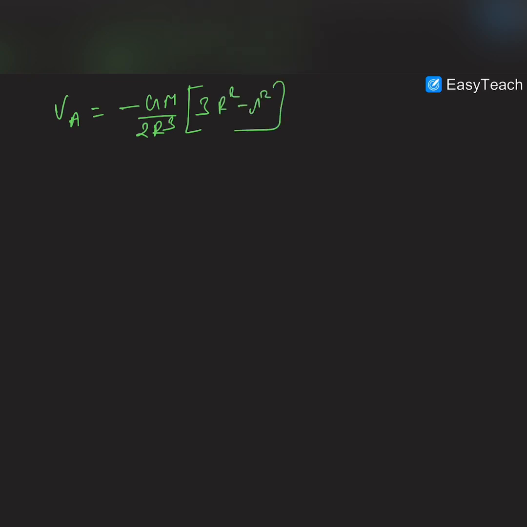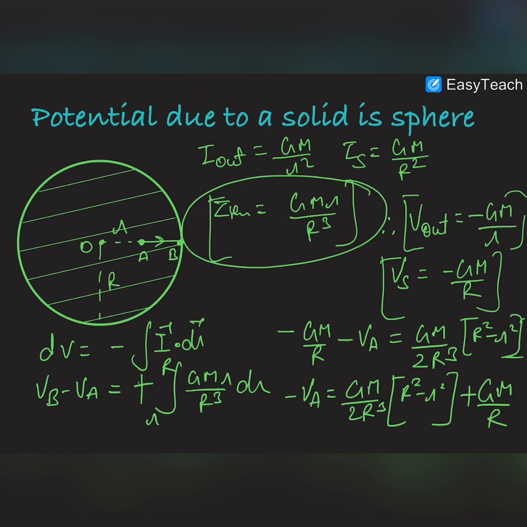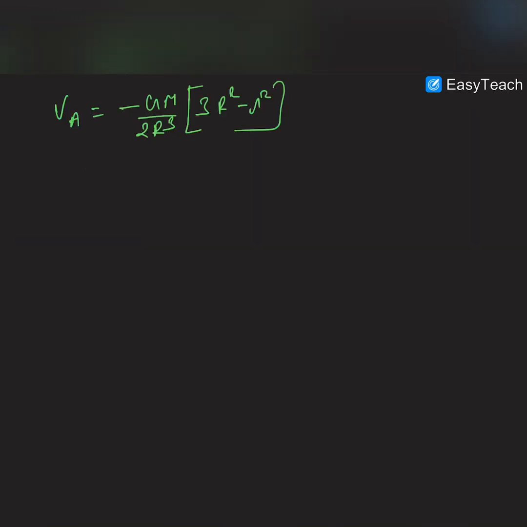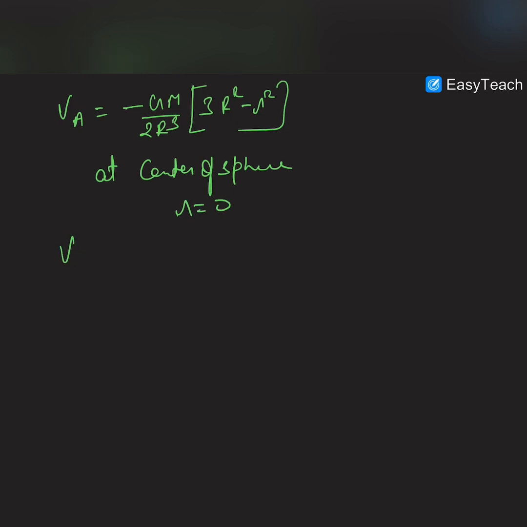Okay, you can check this formula from here, and you can also see that at the center of the sphere, small r is 0, therefore VA at center, which is VC, would be minus 3 by 2 GM by R with a negative sign.